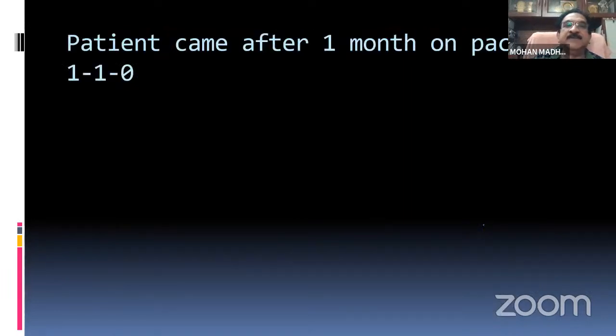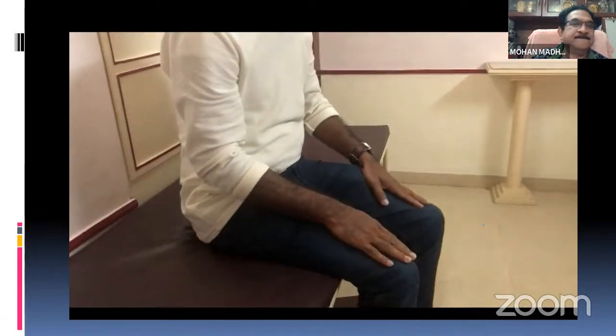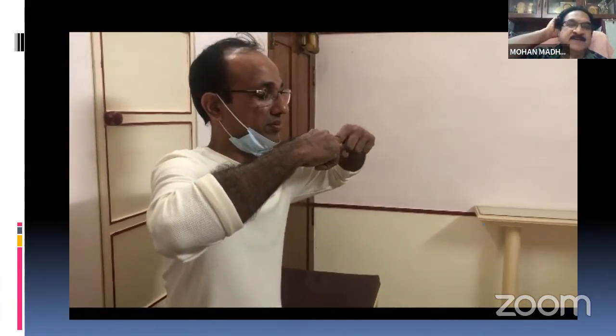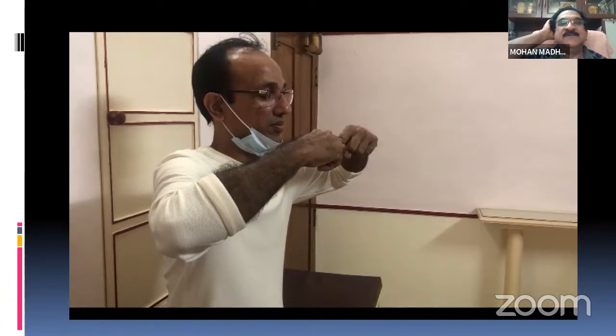So the patient came after 1 month on Pacitin. His tremor almost totally disappeared. Nowadays, people hesitate to start Pacitin. I always start it in tremor dominant Parkinson's as the first line.